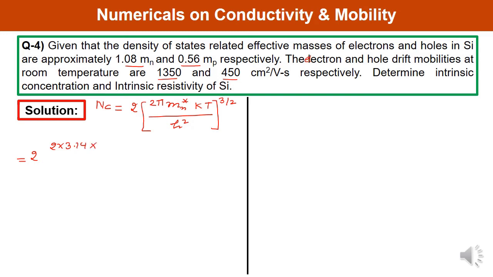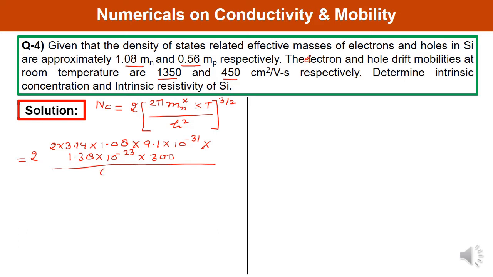It is given for electron as 1.08 m naught, and the value of m naught, the rest mass, is 9.1 into 10 raised to the power minus 31, into k. k is 1.38 into 10 raised to the power minus 23, into T, which is room temperature, so it would be 300 Kelvin, upon h.